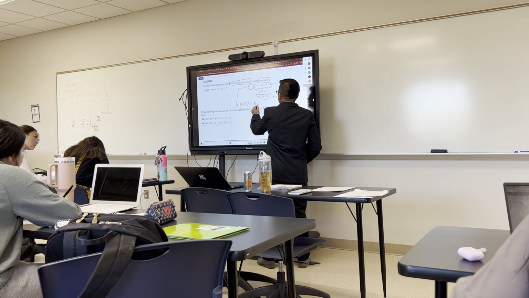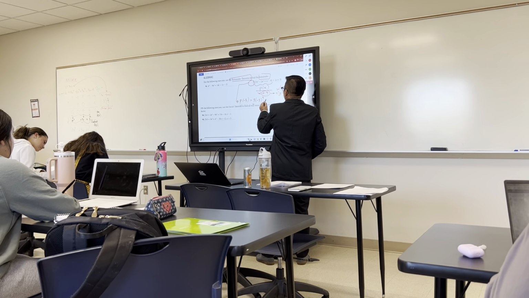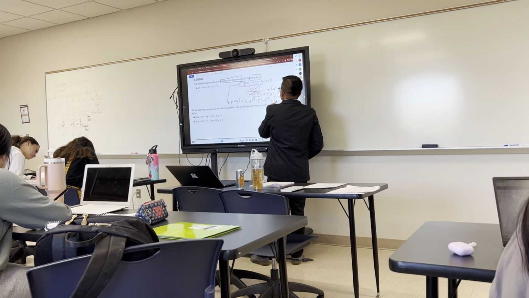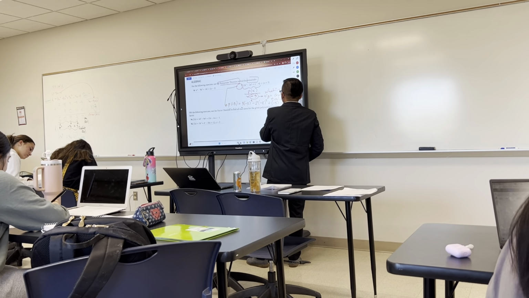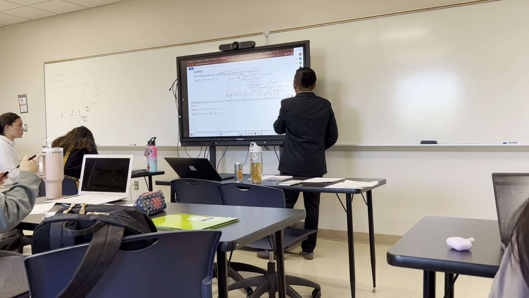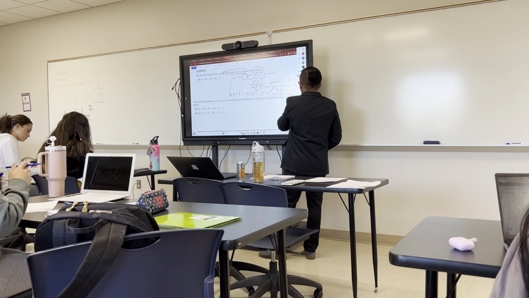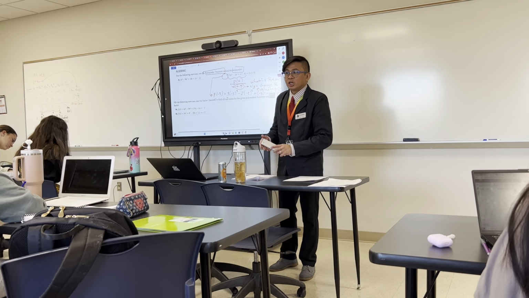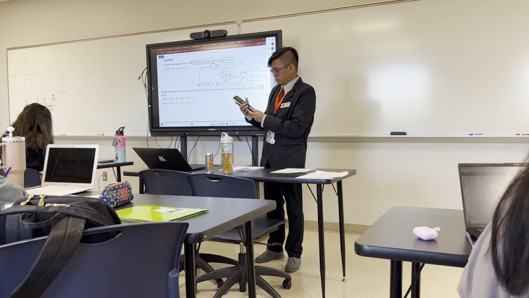Okay, so what's that gonna be? 3 times negative 3 cubed minus 2 times negative 3 squared plus negative 3 minus 4, right? So what's gonna be our answer for such? You can use your calculator for such, your TI.